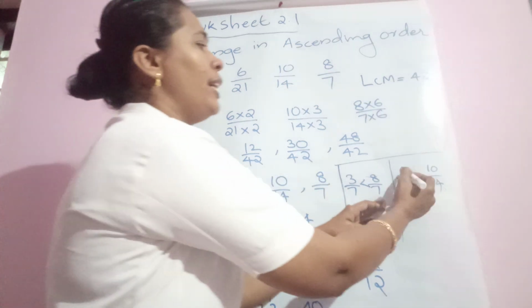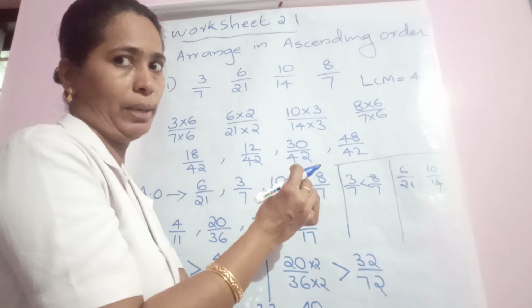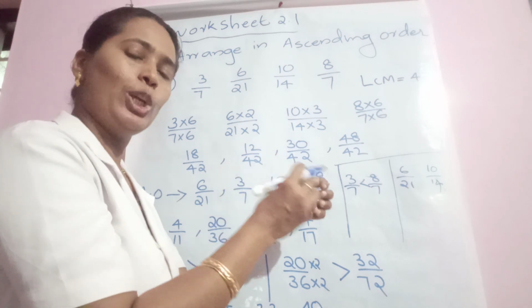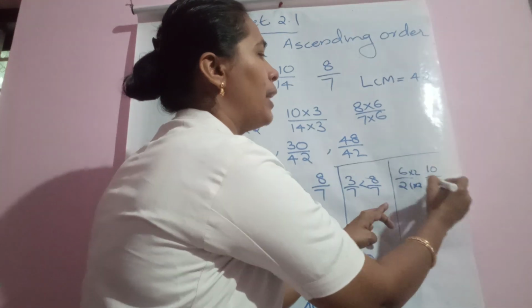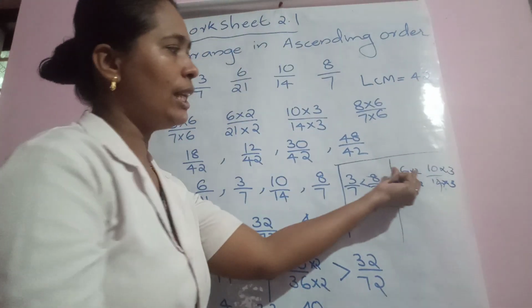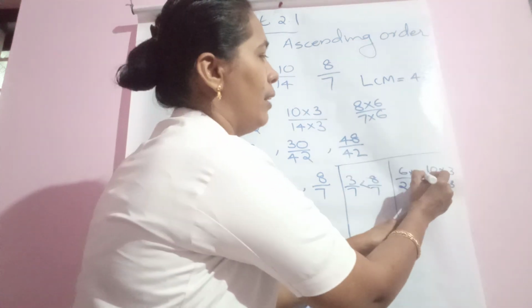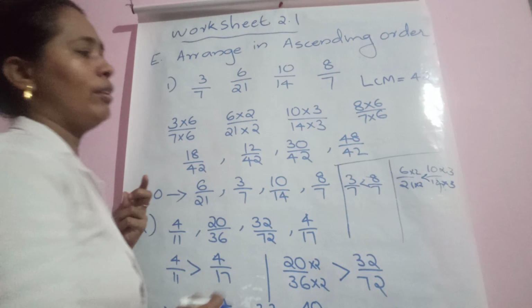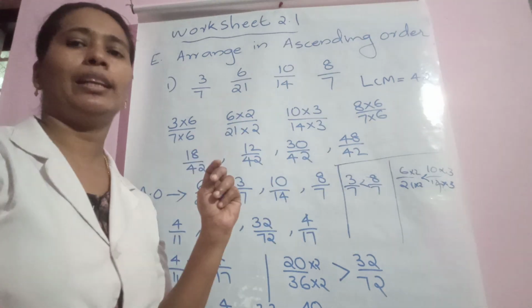Here the denominators are not the same, so we have to make them the same. So multiply by 2 on one and by 3 on the other. This number becomes 12 and this number becomes 30, which is big. Now write the order.